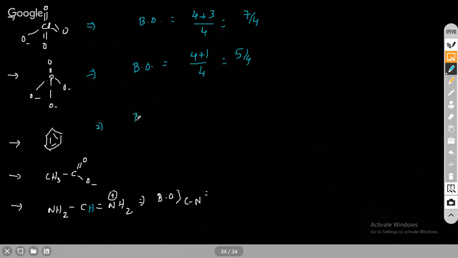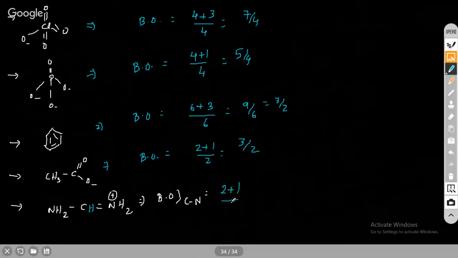For this, we have 6 sigma 3 pi divided by 6, 9 by 6, which is 3 by 2. For this, we have 2 sigma 1 pi by 2, 3 by 2. And for this, we have 1 plus 1, 2 sigma 1 pi by 2, 3 by 2. So like this we can calculate the bond order, and then we can compare the stability of the compounds also. The higher the bond order, the higher the bond strength or bond energy, and hence the stability.